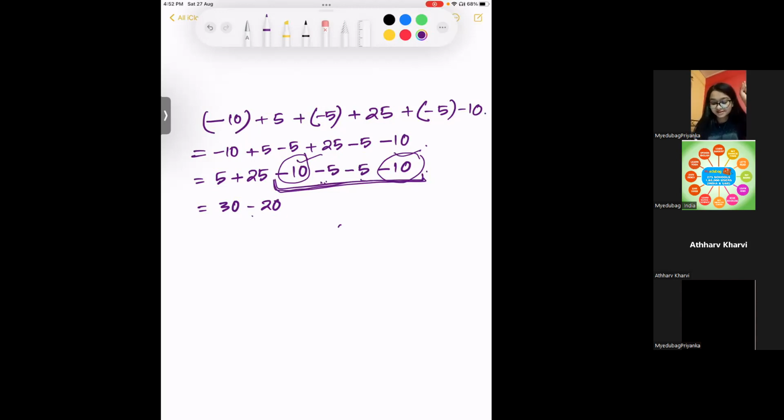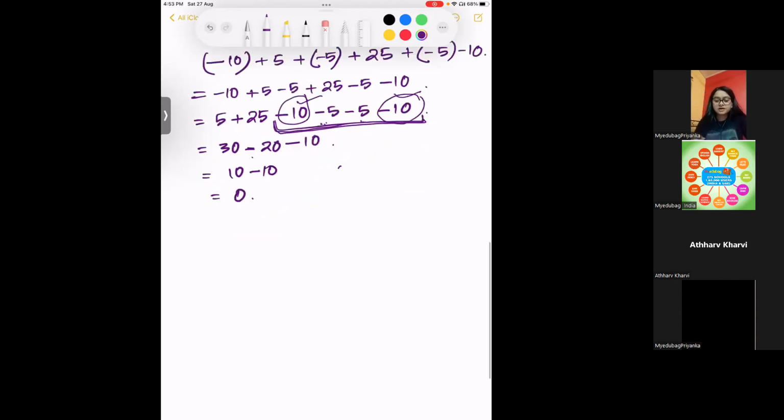Both the numbers are negative, so in front you will give a negative sign. So it will be minus 10. Now see, you have plus 30, minus 20, minus 10. So next step: 30 minus 20 is 10. Then 10 minus 10. The answer is 0. Understood?